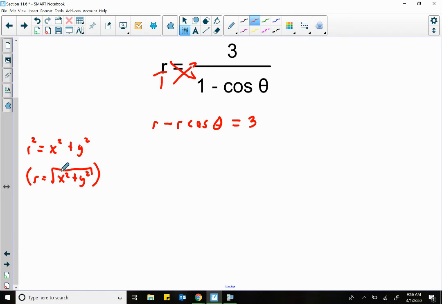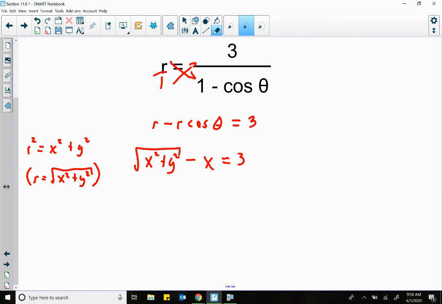We're going to use this fact right here to help us out with that r. And hopefully you recognize that, oh, I know what r cosine theta is. So let's plug in what I just talked about. This r right here is going to change into that radical, the square root of x squared plus y squared, minus, horrible minus, my computer moved on me, r cosine theta is x, equal to 3.